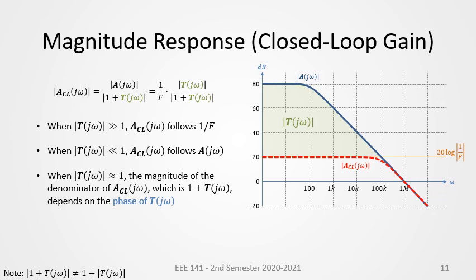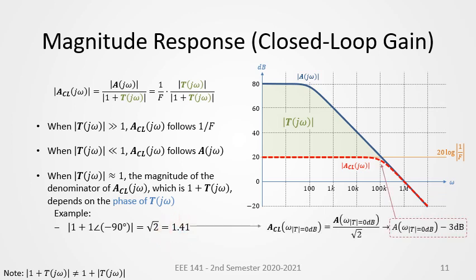For example, say T of j omega has a magnitude of 1, but its phase is negative 90 degrees. Then the denominator, 1 plus T of j omega, has a magnitude of square root of 2, or around 1.41.